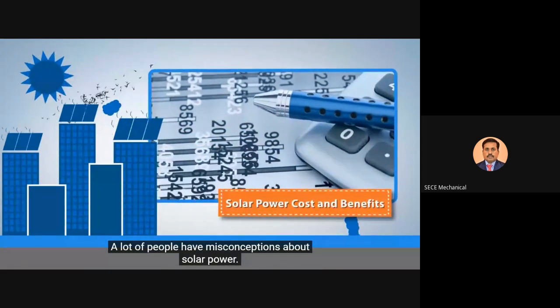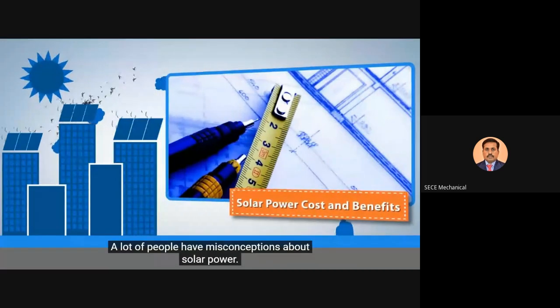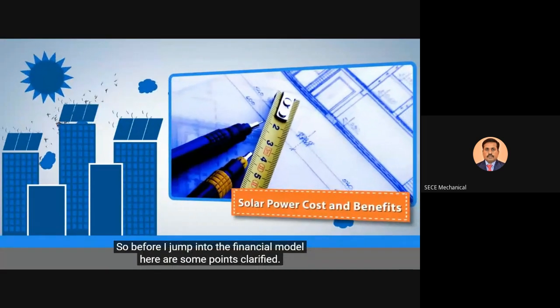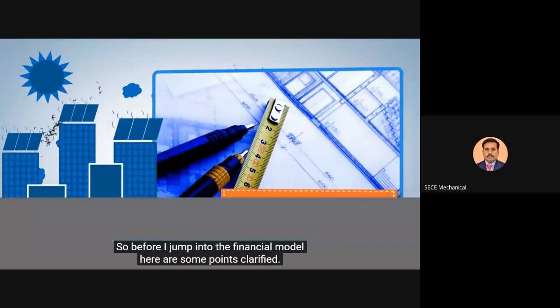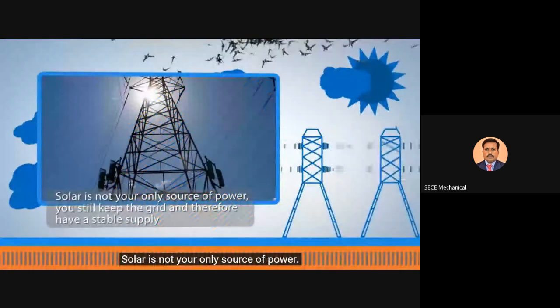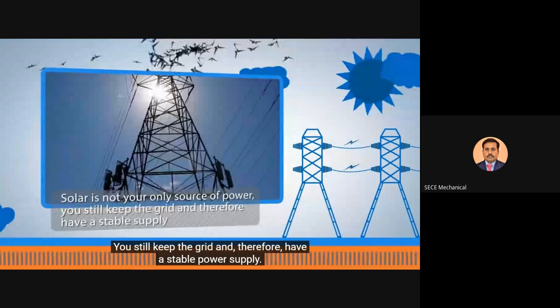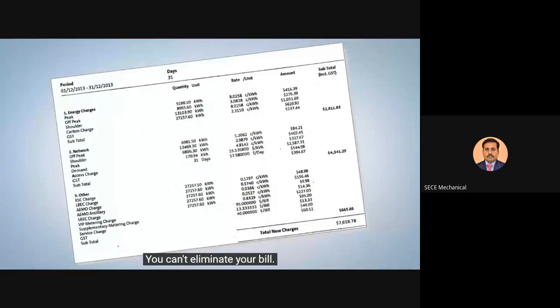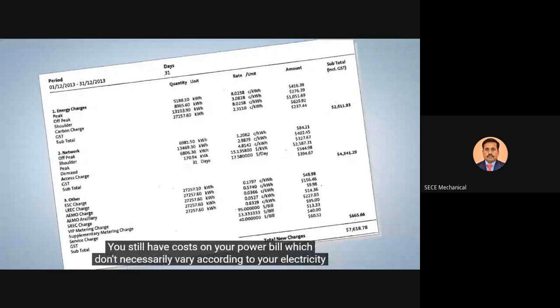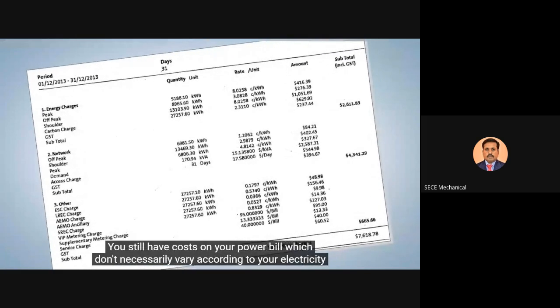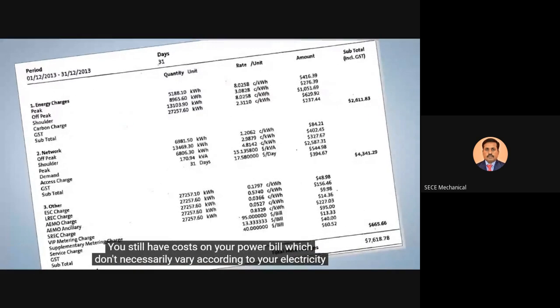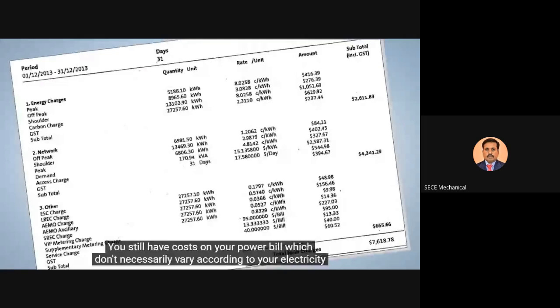A lot of people have misconceptions about solar power, so before I jump into the financial model, here are some points clarified. Solar is not your only source of power. You still keep the grid and therefore have a stable power supply. You can't eliminate your bill. You still have costs on your power bill which don't necessarily vary according to your electricity consumption.